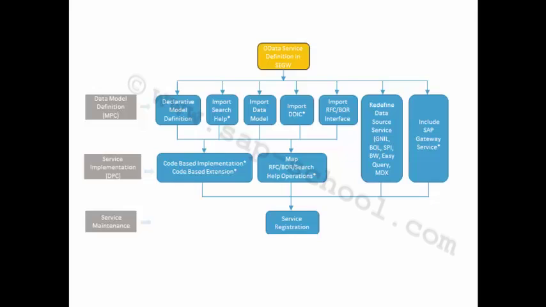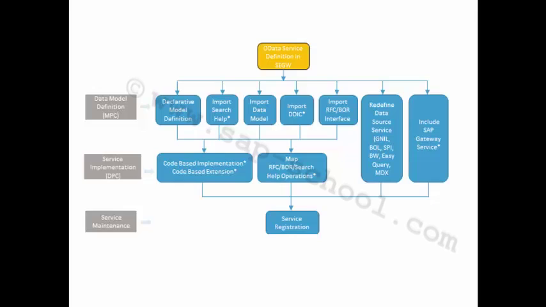We have the service maintenance as a subsequent development phase for redefining the services. Then we have the include service. The include service will enable me to include an existing SAP Gateway service so that we do not need to recreate its data model.